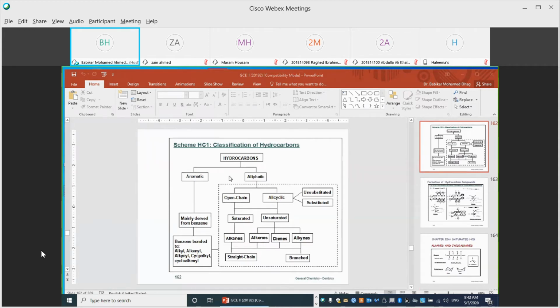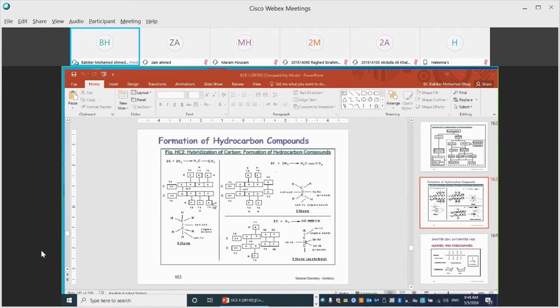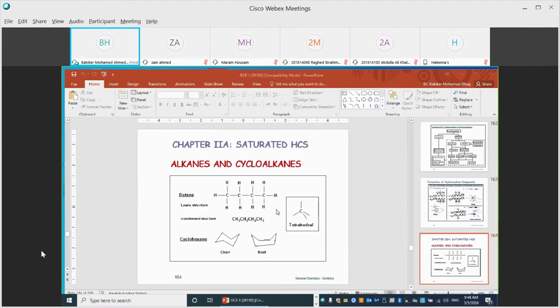Carbon, of course, has the ability to form alkanes, alkenes, and alkynes by hybridizing its orbitals in three ways: sp3 hybrid orbitals to make alkanes, sp2 to make alkenes, and sp to make alkynes. So you should know this also, what orbitals carbon uses to make the different types of aliphatic hydrocarbons: alkanes, alkenes, and alkynes.